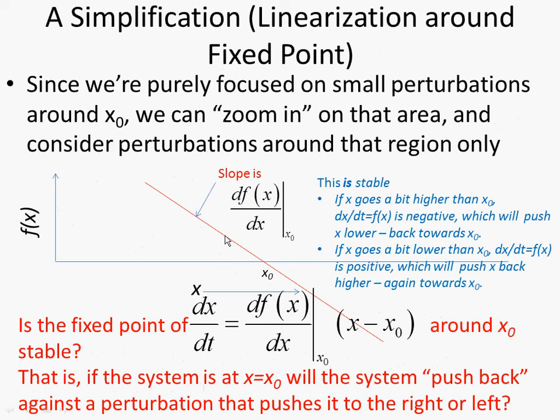F of x is going to be greater than 0. So dx dt is going to equal something greater than 0. So it's going to be increasing x back to this point. And it's really the value of that slope. It's the linear component of the term, the df dx. That's where it's at. Right around that point, that's what matters. You look in far enough, it's going to look like a straight line.